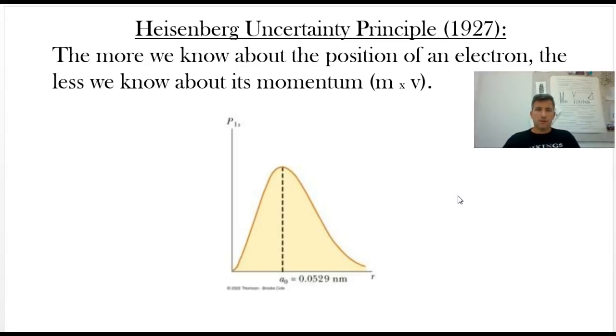in space. So what you see there is a graph of probability along the y-axis versus distance, essentially distance out from the nucleus of an electron. And for this particular one, I believe this is just describing the first electron in hydrogen. So if you look here, it gives this distance in nanometers.